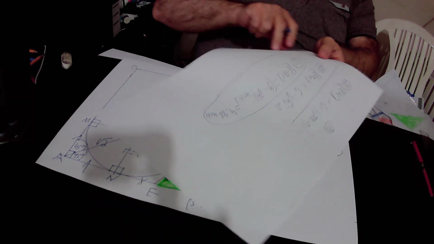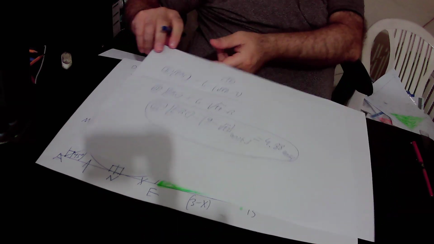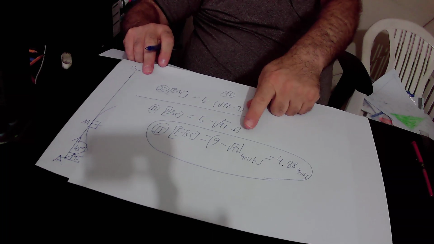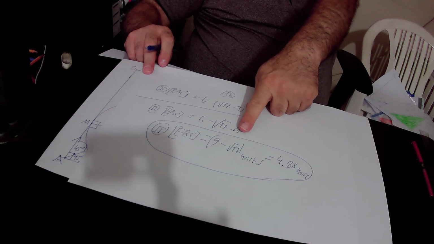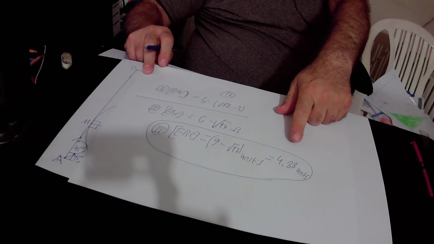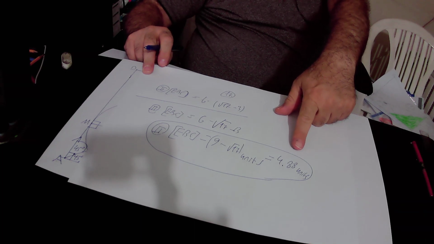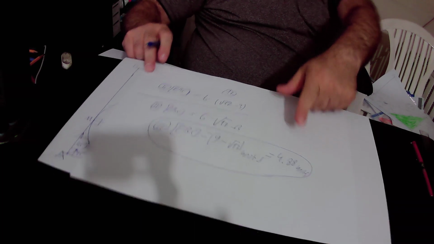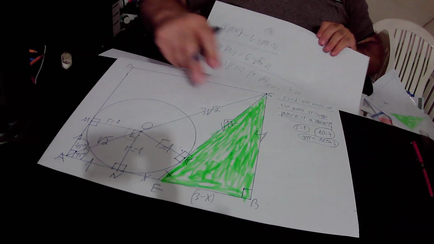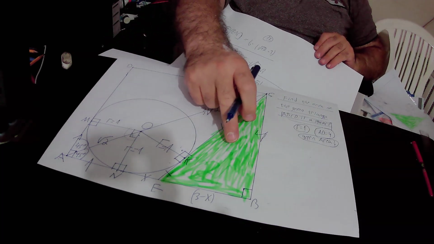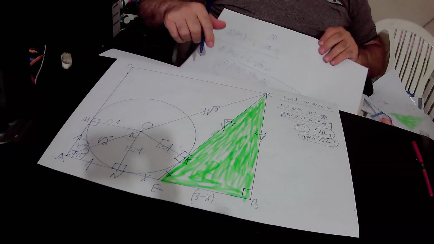I will repeat again. The area of the green right triangle equals either 9 minus square root of 17 units, or in terms of numbers, 4.88 units.